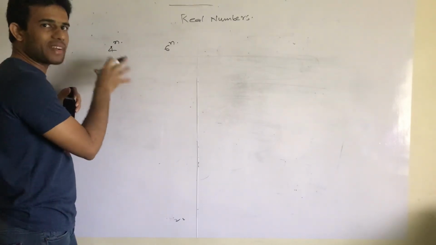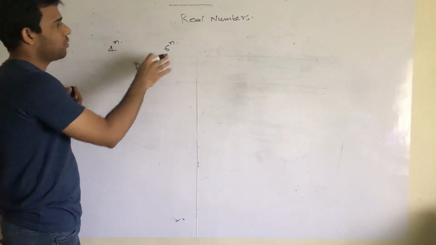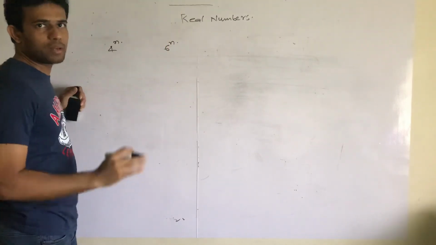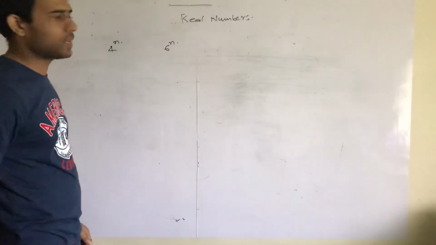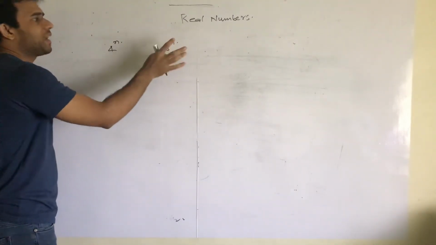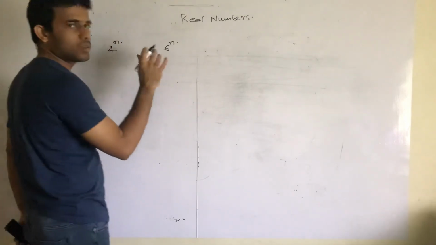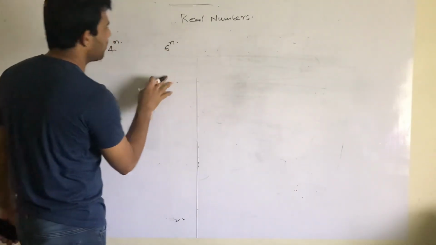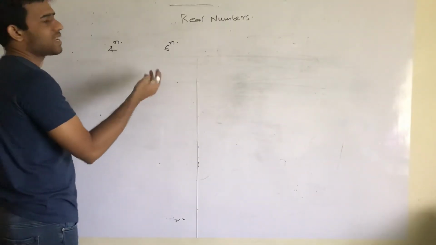Can this number, where n is a natural number, n is 1 up to anything, like 6 power 1, 6 power 2, 6 power 3, whatever. So for any natural number, don't consider integers now because integers include negative values as well. So let's consider n is a natural number.